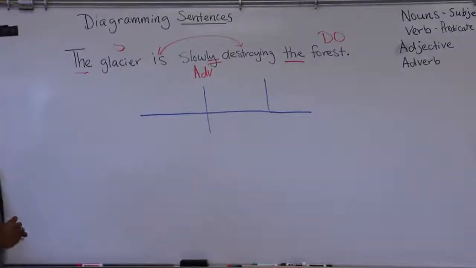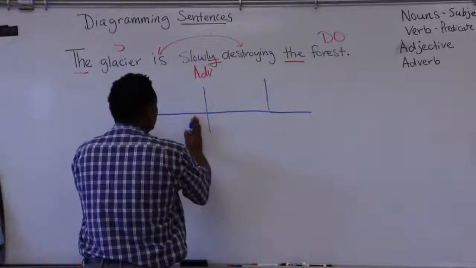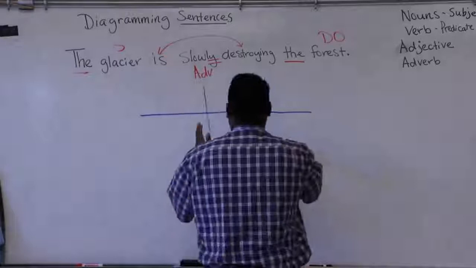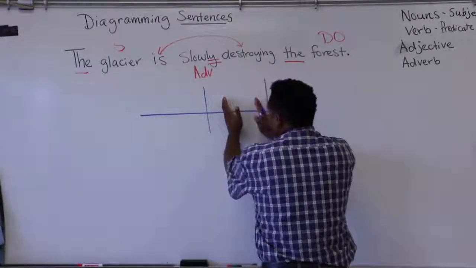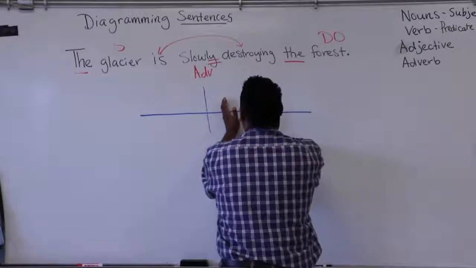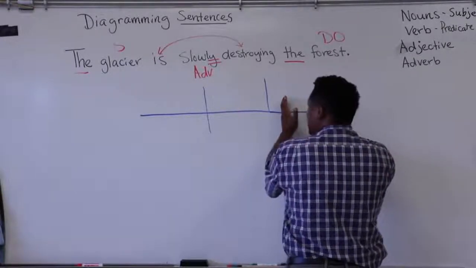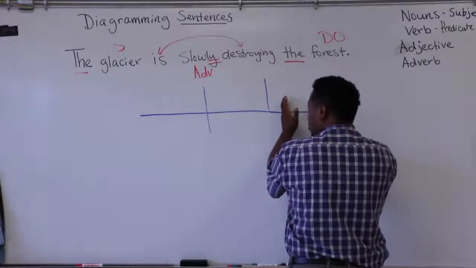So let's plug in parts of this sentence. Remember, on the left, you have the subject. On the right is the verb. And the direct object always follows the verb.